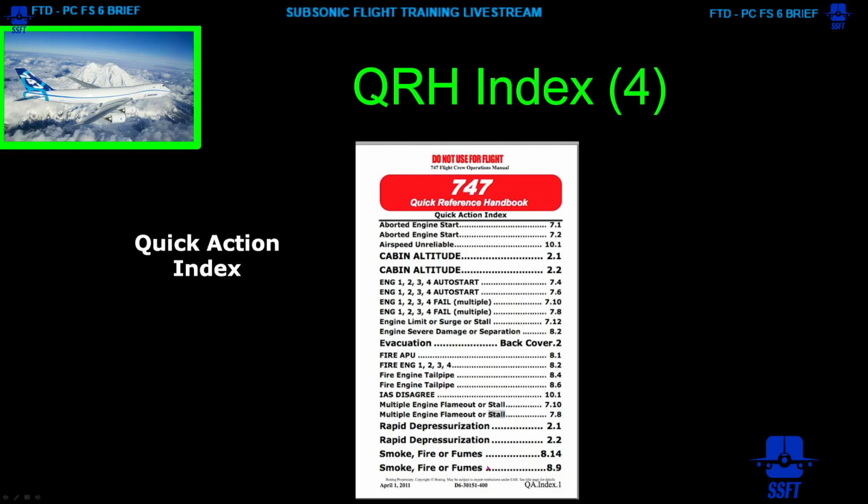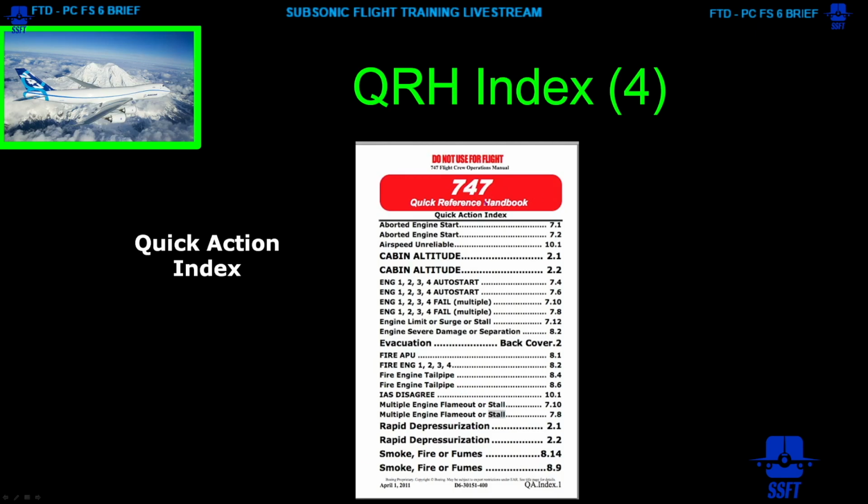So you can't tell from this what's a memory item and what's not. Cabin altitude, we have memory items for that. Aborted engine start or auto start, we have memory items for that. Or engine 1, 2, 3, 4 fail, we have memory items for that. But some of these we don't. Fire engine tailpipe, there's no memory items.